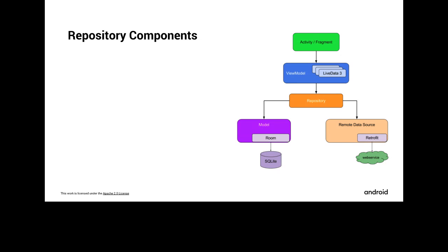Yeah, so the second question, Room and Retrofit. That is repository as a concept at a high level. Room and Retrofit are libraries that are available, and I'll be talking about these libraries in a little bit and look at a couple examples. These libraries have been created to help you access things.